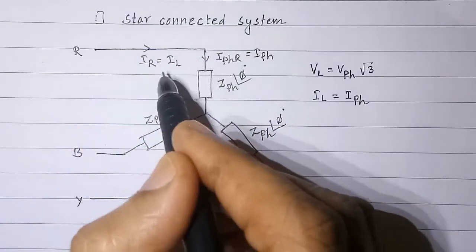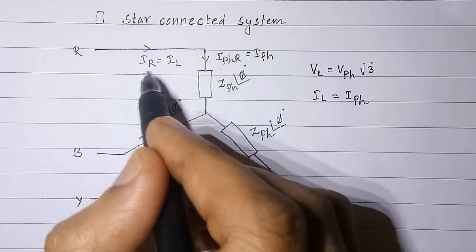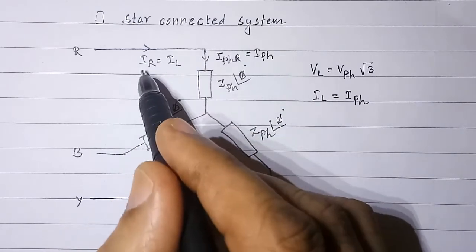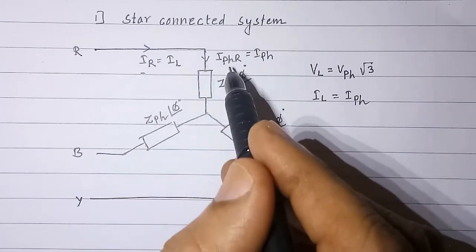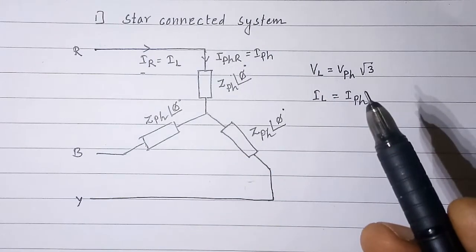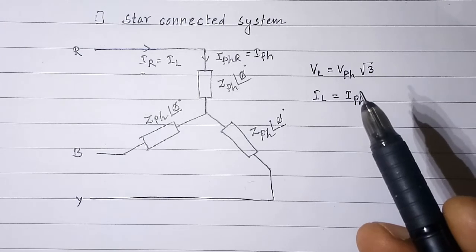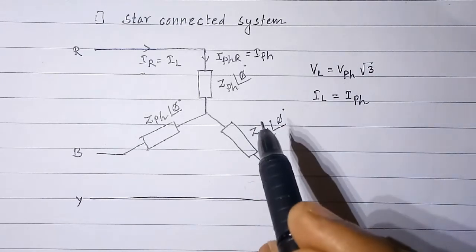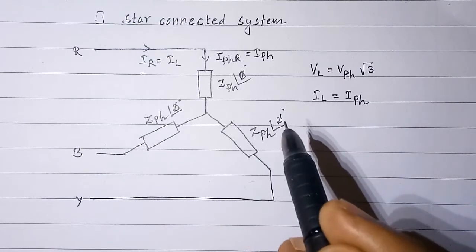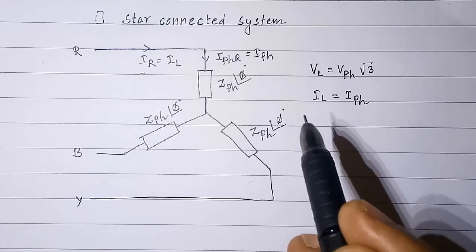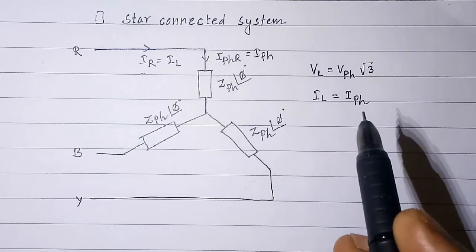Here through R line current IR flows, and line current IR is equal to phase current IPHR. But in case of balanced three-phase system, all phase currents are equal, all line currents are equal, all phase voltages are equal, and all line voltages are equal.